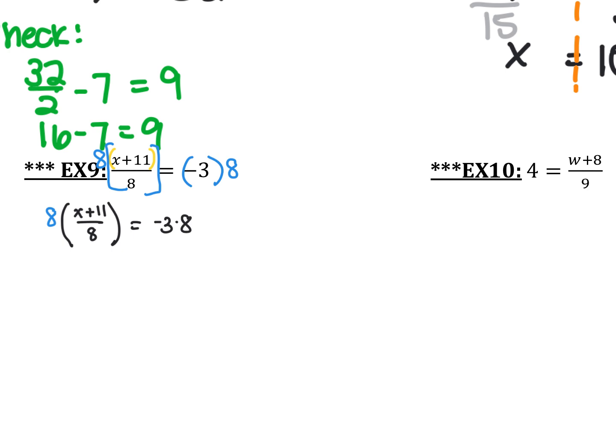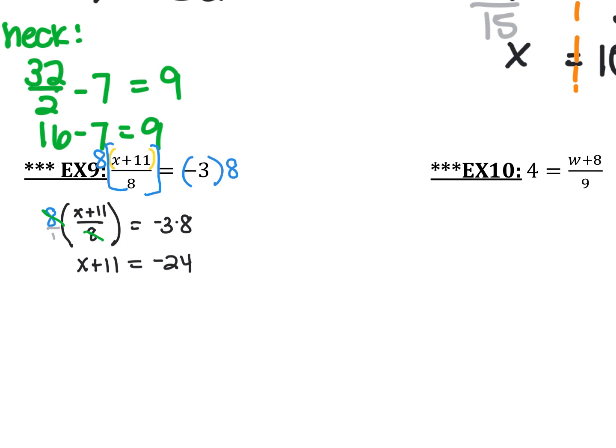And when I multiply these, 8 as a fraction is 8 over 1. The whole reason we multiply them is because these 8s cancel out. So when they cancel out, we get x plus 11 equals negative 24.